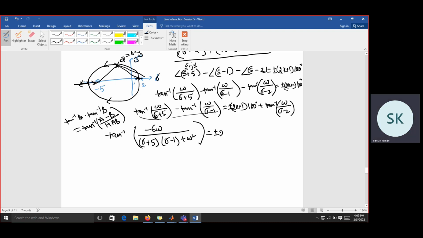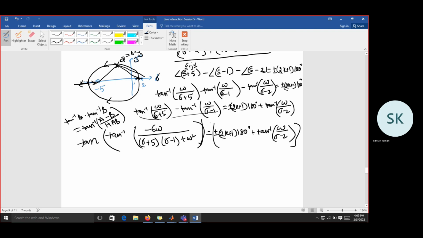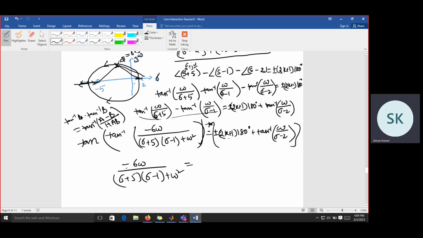This will be equal to, now if we take tan on both sides, so this will be minus sigma omega by sigma plus 5.